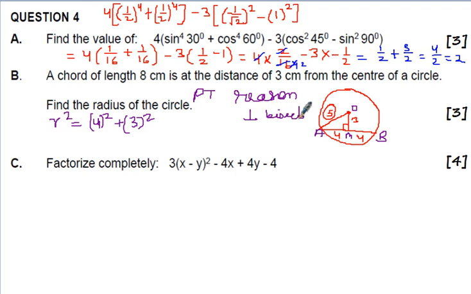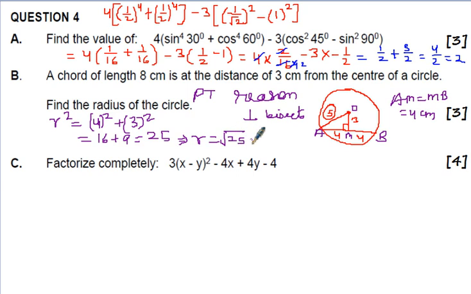So then you have to write AM equal to MB equal to 8 upon 2 or 4 centimeter. That is important. And then you can easily get 16 plus 9 is 25. So your radius is root 25. Video becomes big because I am solving all the sums. So those who know them can forward the video and solve by themselves.